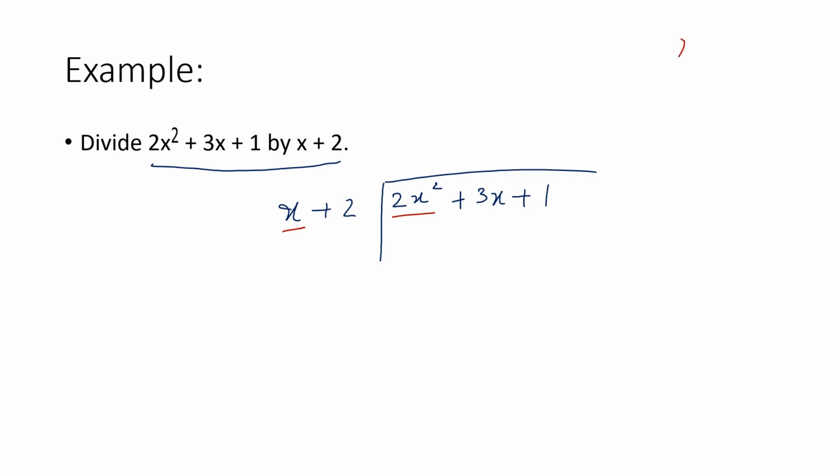So here I'll divide 2x square divided by x. What we get is 2x. So first we'll multiply x plus 2 by 2x. Okay.